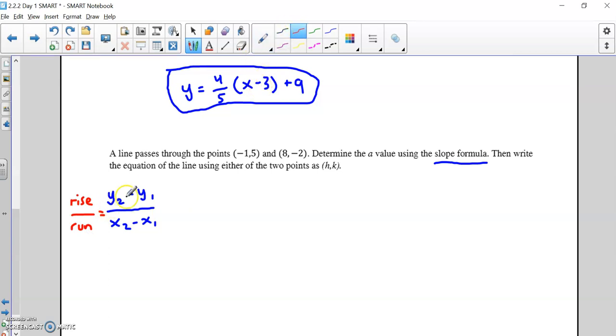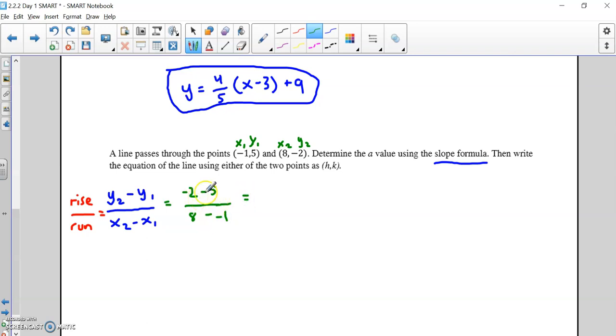Basically it's just saying find the difference of the y's, find the difference of the x's. So we know that we can call this our x1, y1 point, and this can be our x2, y2 point. All right, so we have y2 is -2, y1 is 5, x2 is 8, x1 is -1.